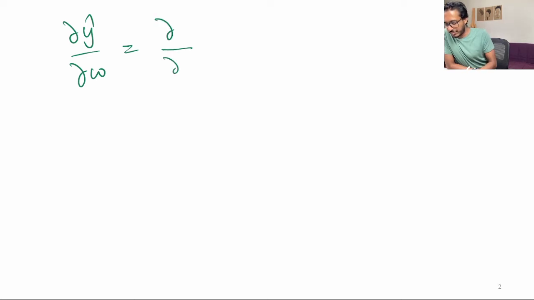So let's take the easy one, right? We can calculate delta y hat over delta W. It's basically delta over delta W of wx plus b. So the b term will go to 0 and the derivative of wx is x.